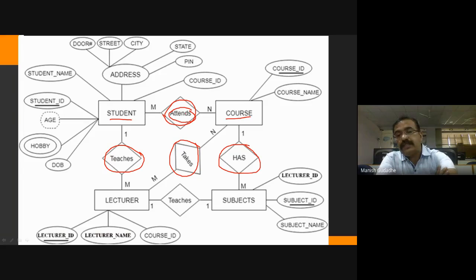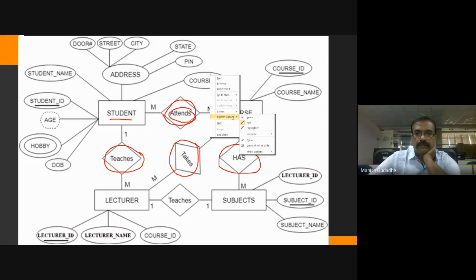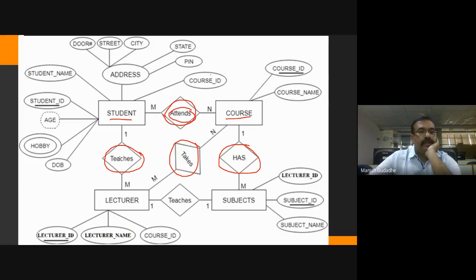Similarly, the has relationship will have course ID and subject ID as the compulsory or default attributes of the relationship. Along with that, it can have its own attributes. Like here, if I'm saying that a lecturer is teaching a student, student ID and lecturer ID will be default attributes.